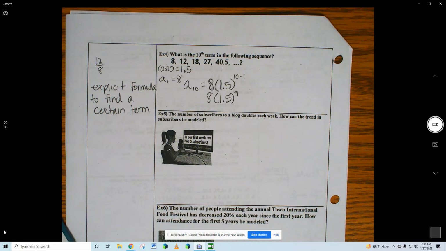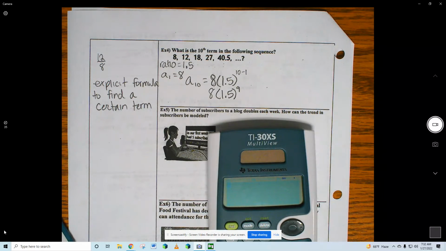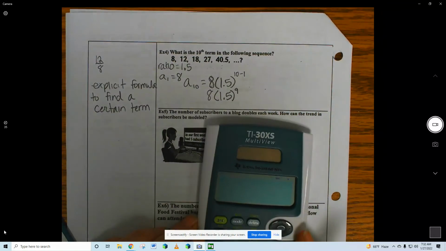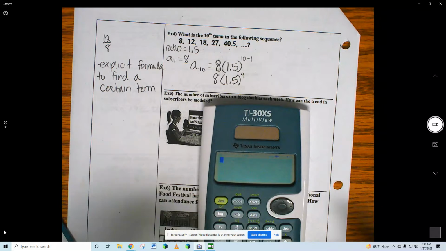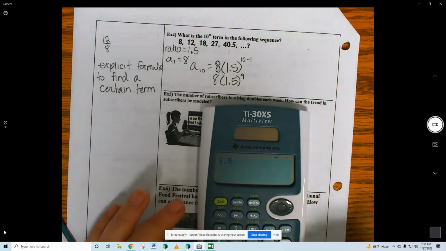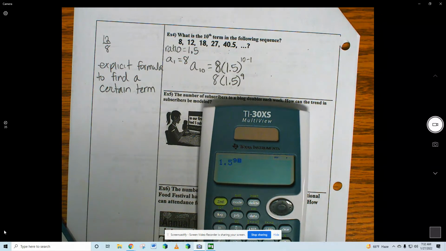On your calculators, just in case you're at home and you don't have my calculator, here's the way to do it if you're using your iPhone calculator. I actually showed the other period and I want to show you. So I go 1.5 to the 9th first. And I get my answer. And then you multiply it by 8. You have to do the order of operations.